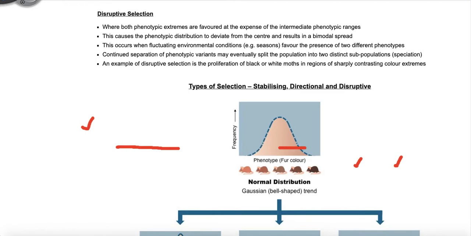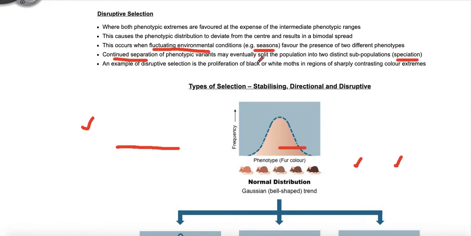So in this particular example, this arises as a result of a fluctuating environment. It could be seasons, for example, or it could be some type of event that has led to those two types of phenotypes being preferred.